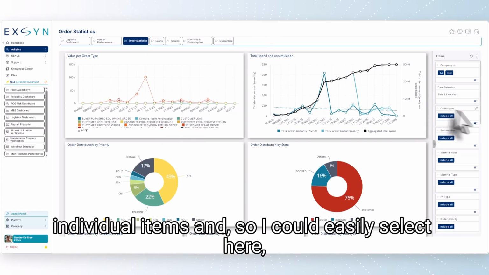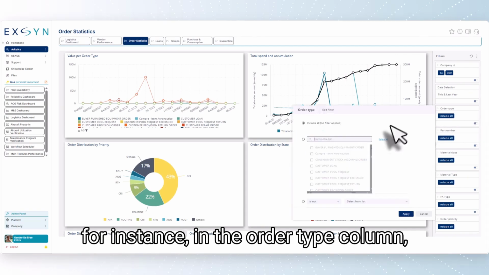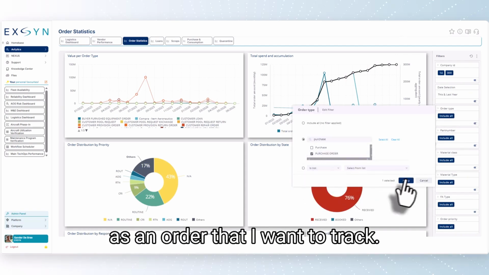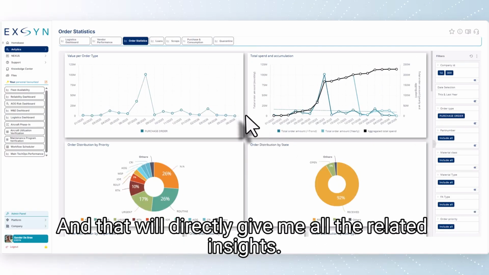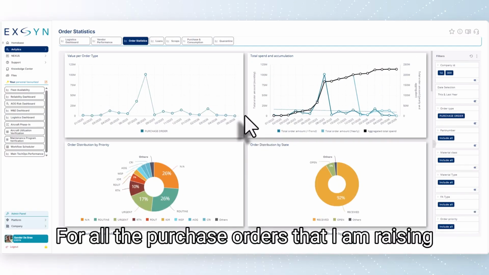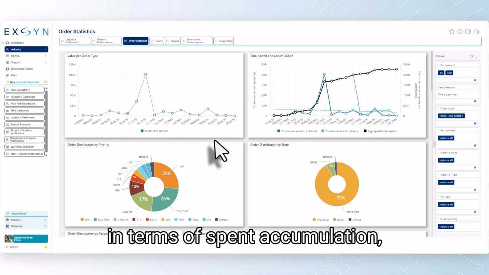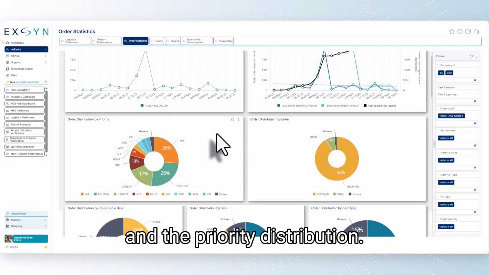So I could easily select here, for instance, in the order type column, the purchase order as an order that I want to track. And that will directly give me all the related insights for all the purchase orders that I am raising as an organization. It will tell me trends over time in terms of value, in terms of spend accumulation, and the priority distribution.